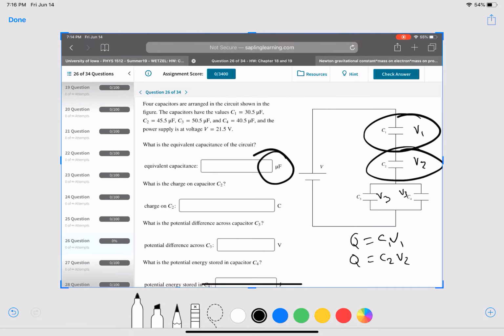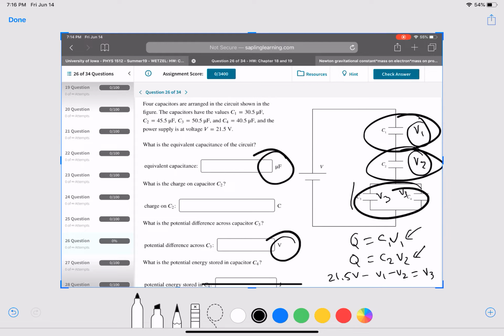So then you can figure out what V1 and V2 are from those equations, since we know what C1 and C2 are. So then 21.5 volts minus V1 minus V2 should be equal to V3. And then once you figure that out, you can get your voltage here.